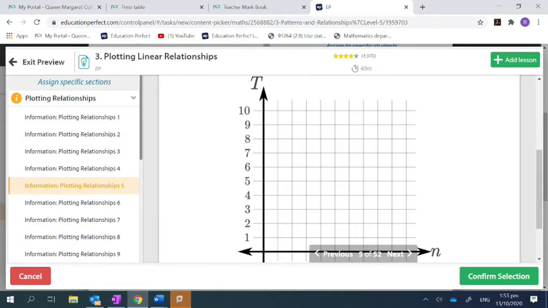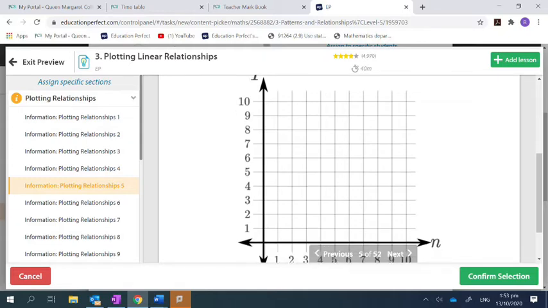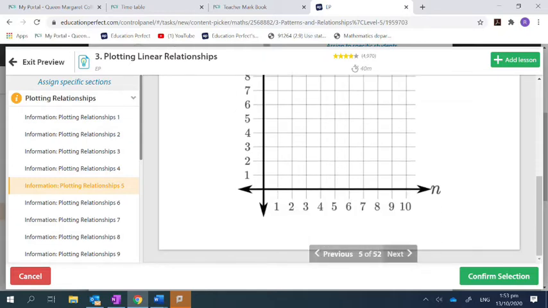But say I was talking about time and I was talking about money. Those variables may want to be more specific so that you make sure that you're getting the right thing in the right spot. Okay? But if you're just using N and T, you could just as easily use X and Y. I'm perfectly happy with that. Okay? But remember which one's which.